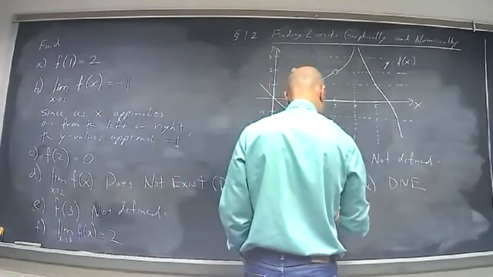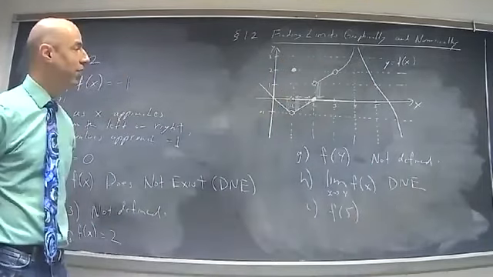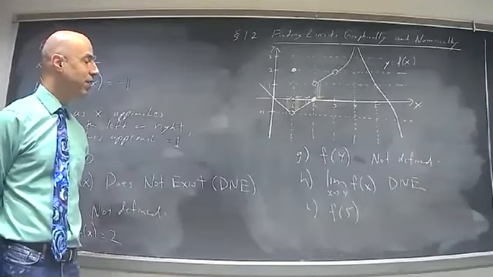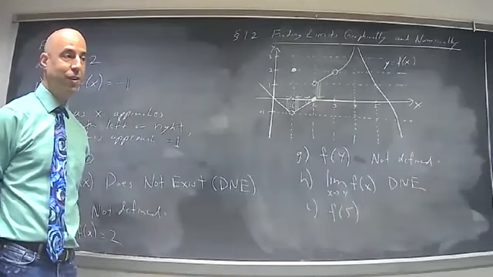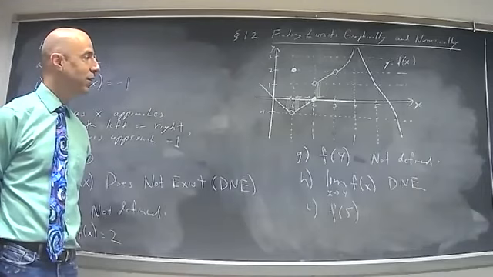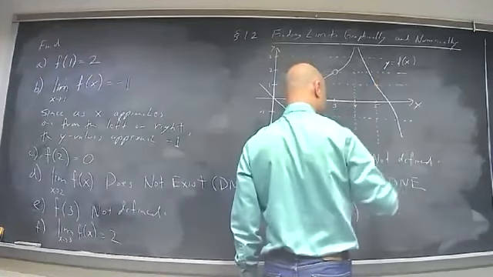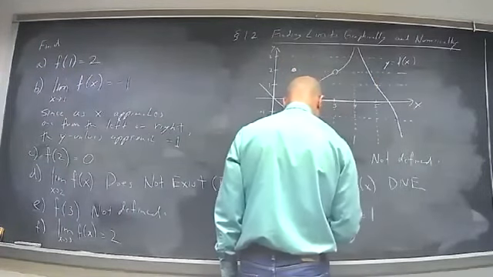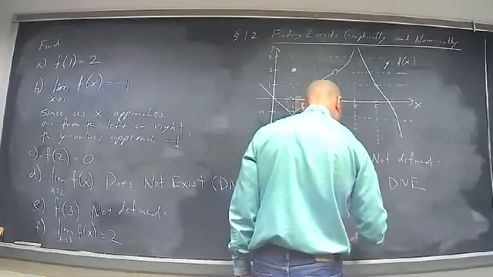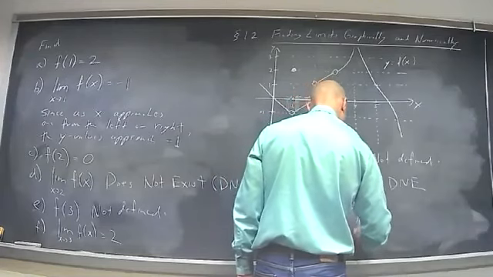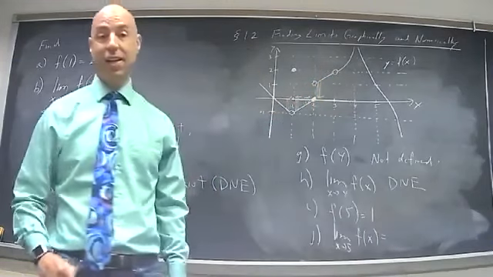How about f of 5? What's the value of the function at x equals 5? One. Yep. If I go to x equals 5, the value of the function is 1. And what about the limit as x goes to 5 of f of x? There is none?